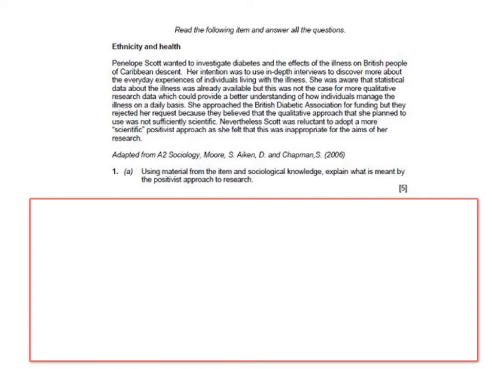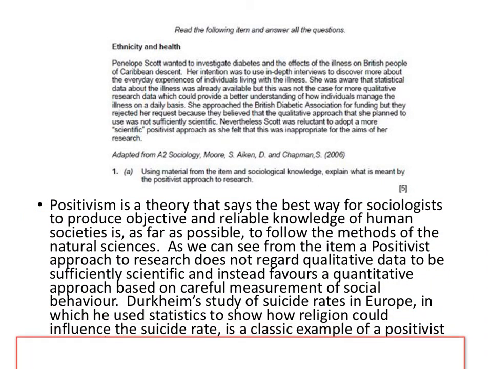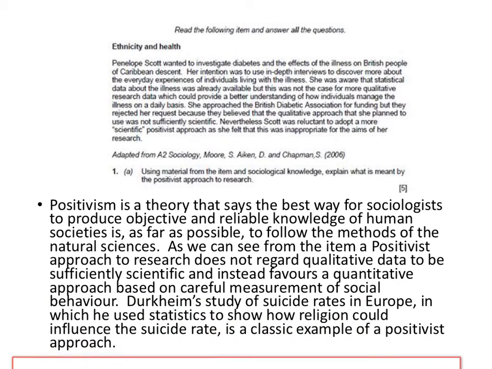If we compare what you've written to the answer that is appearing on the screen now, if you just read through this model answer, it would get 5 marks out of 5. In the first sentence, we've got a clear and precise definition of positivism.